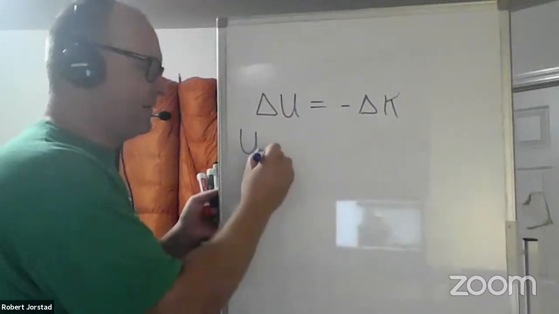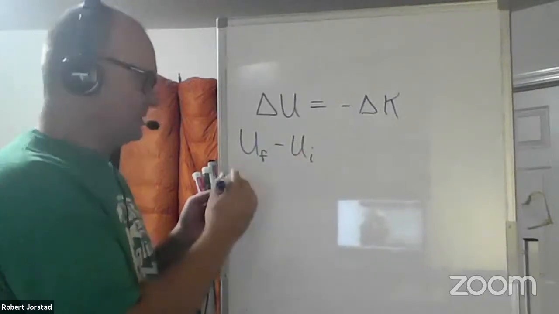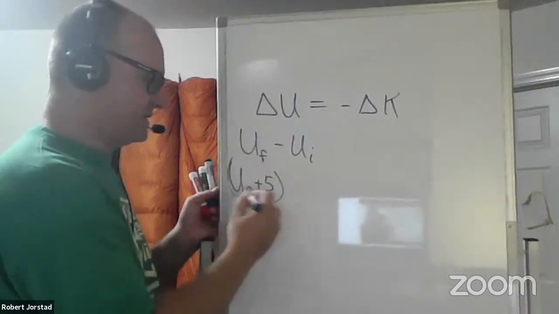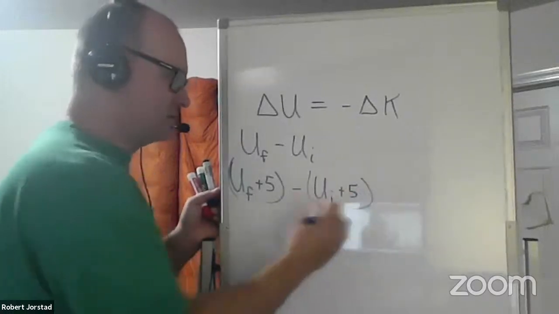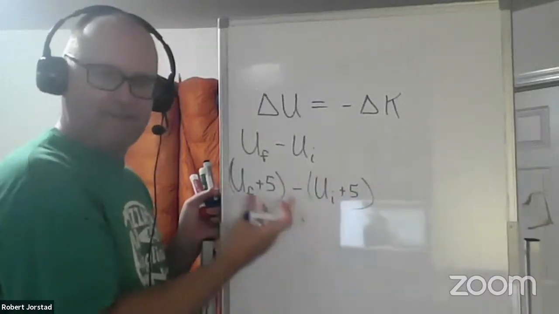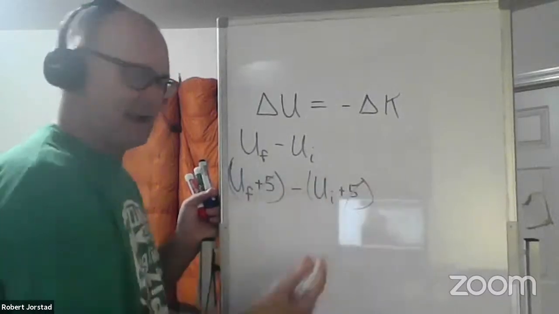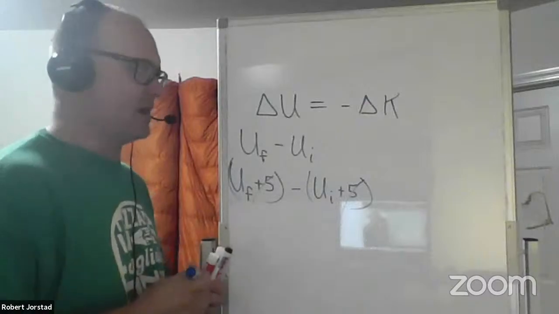You always have a U final minus a U initial. If you shift all your energies by 5, the plus 5 and plus 5 in each term are going to cancel out. So you could pick any value you want to be 0 in these problems.